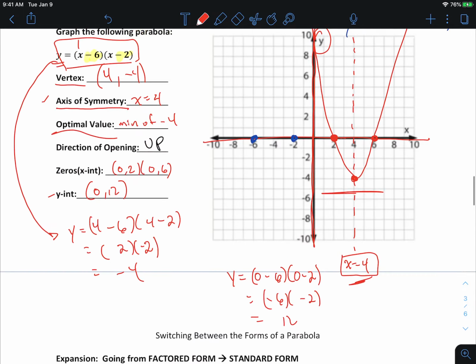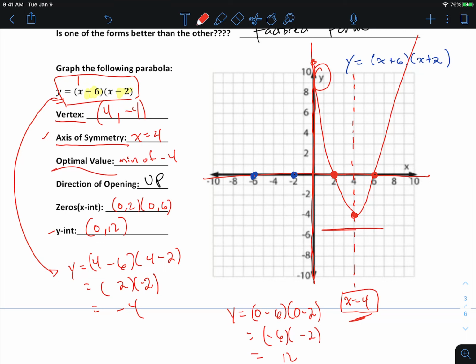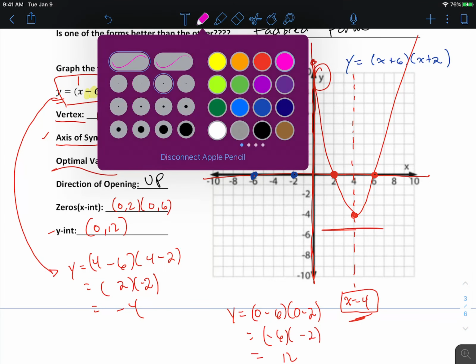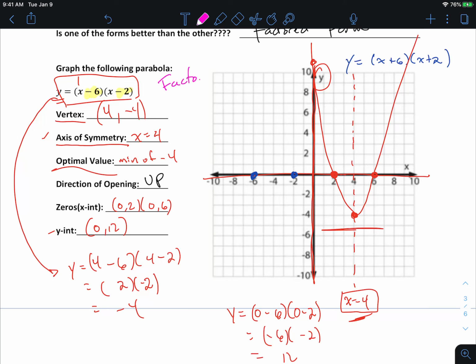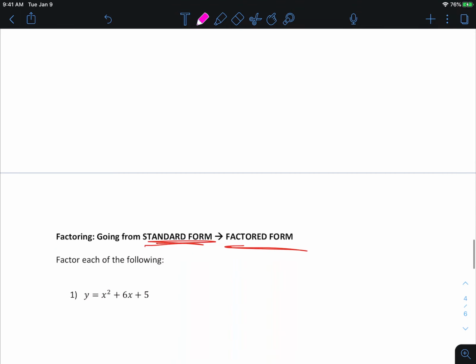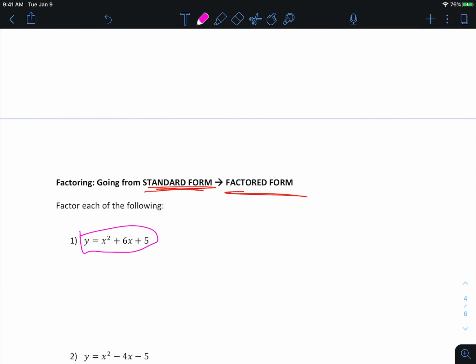Everything you just answered here came from factored form. Look at all the information you just found from here. And you didn't even need to really do much work, just plugging it in. So the work is in taking it from standard form and switching it into factored form so that you can answer all that stuff. It's not hard.